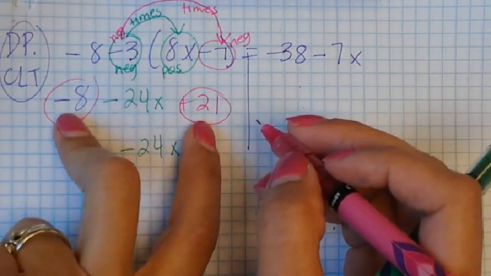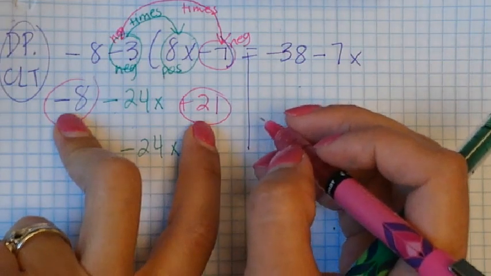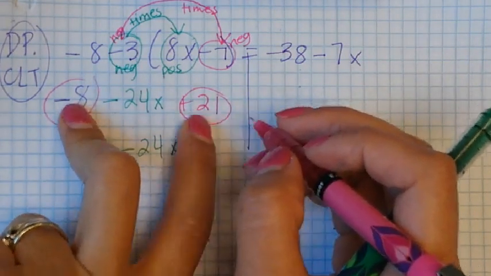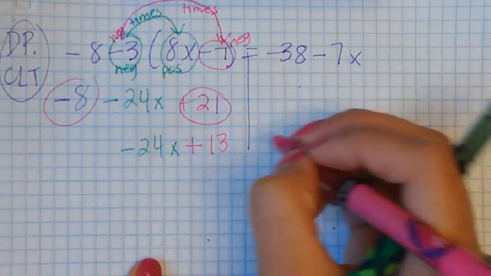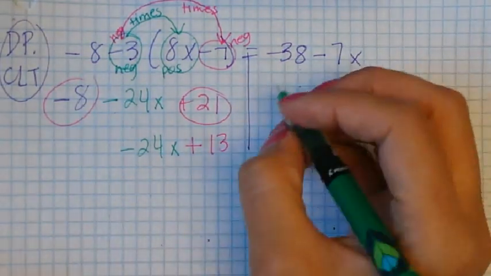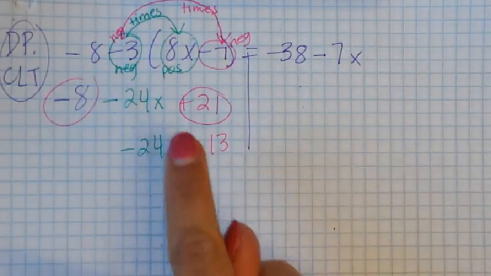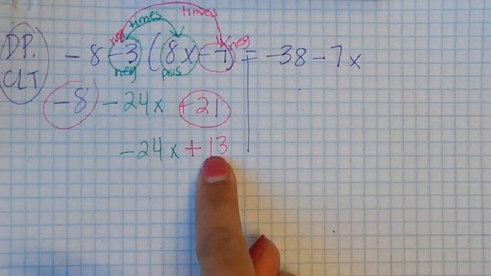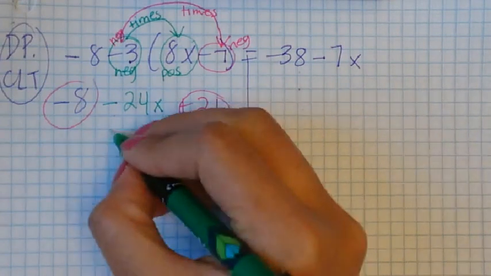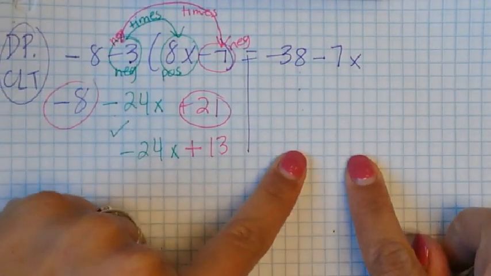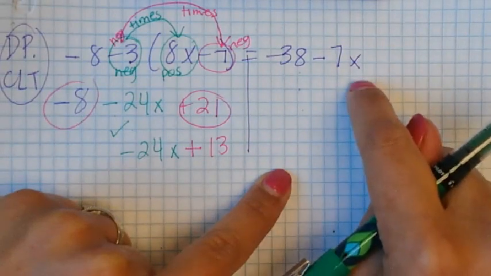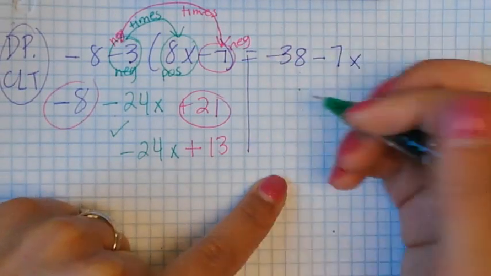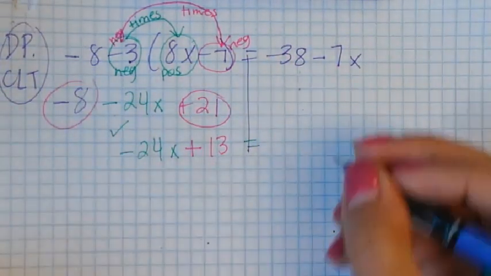So when you have different signs, you subtract and keep the sign of the largest. From 21 and negative 8, 21 is larger, so I know it's going to be a positive, and it'll be 13. Now that I have a variable term and a constant term and nothing else, this is already simplified. I can move to the other side. The other side, you notice that I have a constant term and a variable term already. I don't have to do any simplification, so I'll just move it down.